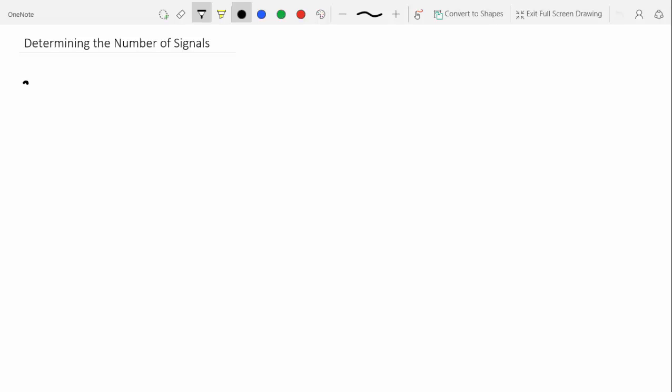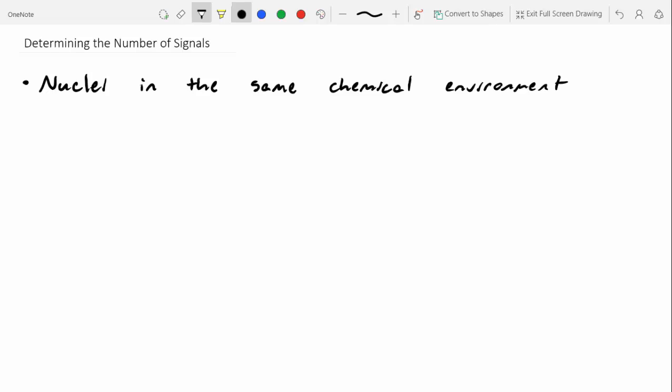And the reason behind this is that nuclei in the same chemical environment share the same resonant frequency. So let's take a look at what I mean by this.